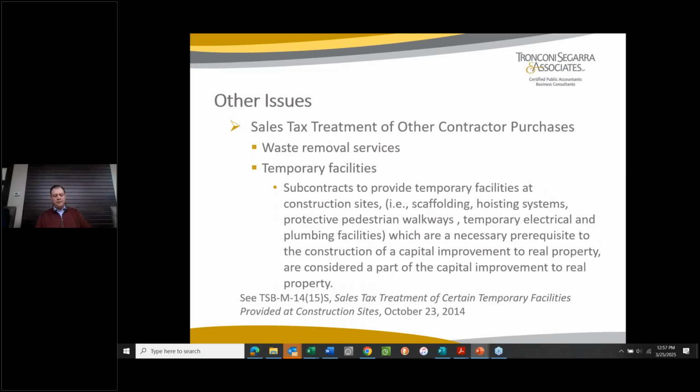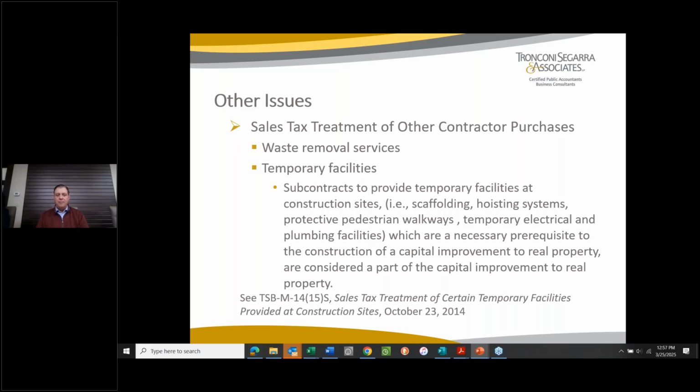And then finally, just one other thing to note, other contractor purchases such as waste removal services, there's a lot of construction debris from the job site that the contractor needs to get hauled off, temporary facilities, whether it's maybe scaffolding or a hoisting system, electrical or plumbing, the taxability of that kind of depends on the end result of the job, right?